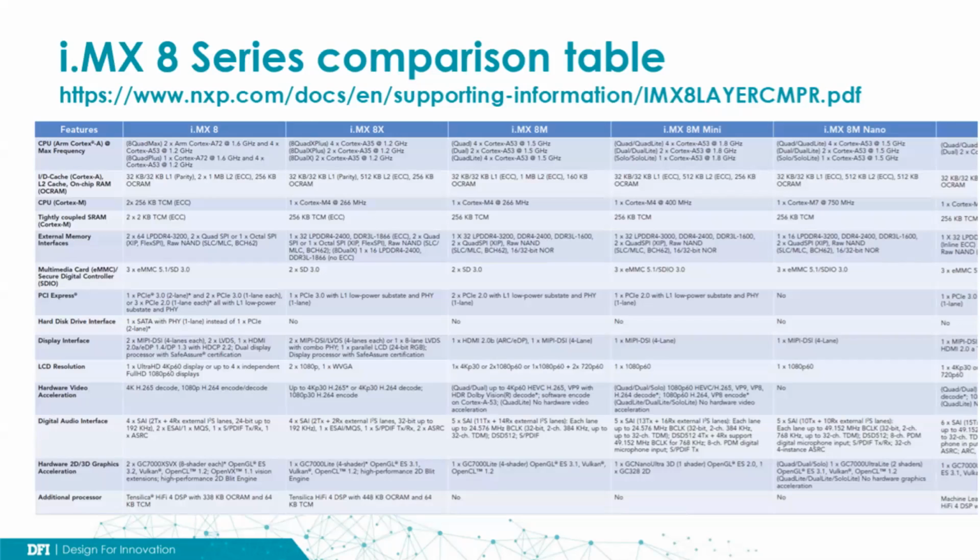The i.MX8 series is quite complicated for all the detail specs. So I don't want to talk about the detail specs right now, but here I show you the NXP link. It's a quite useful document. You can reference this website and see the comparison table for all its series of products.